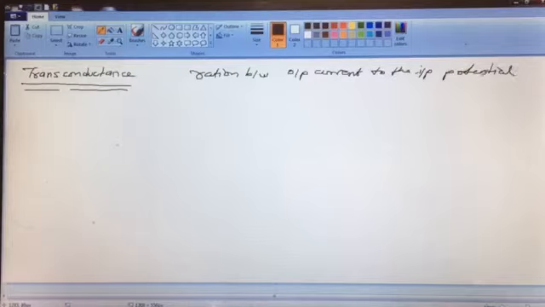So for common base configuration, transconductance GM is defined as output current, which is the collector current, over input potential, which is VEB, the emitter base potential.